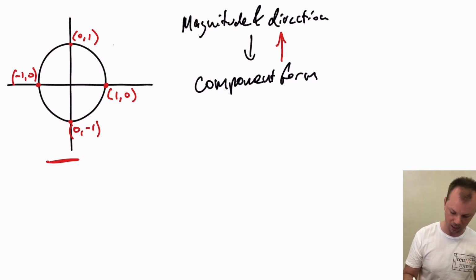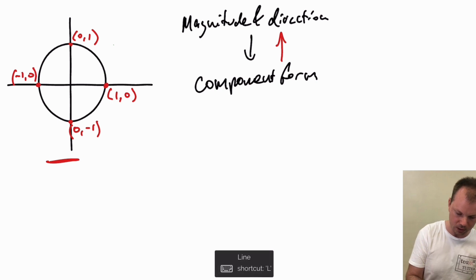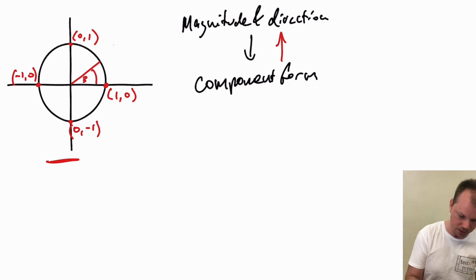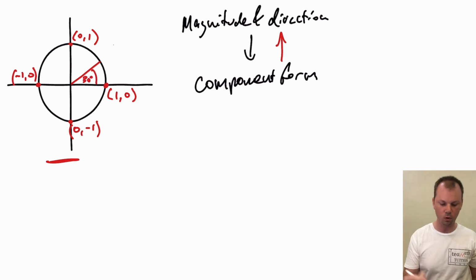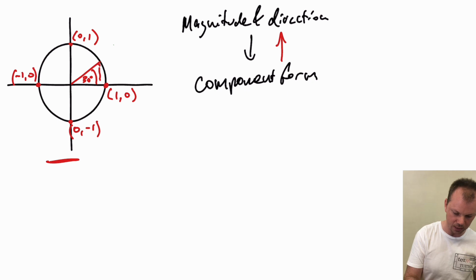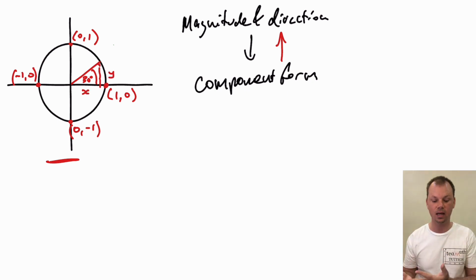So if I had a line that was coming up here, and I had an angle, let's say the angle was 30 degrees, I can work out what this x direction is and what this y direction is, or what these lengths are, by using sine and cos.